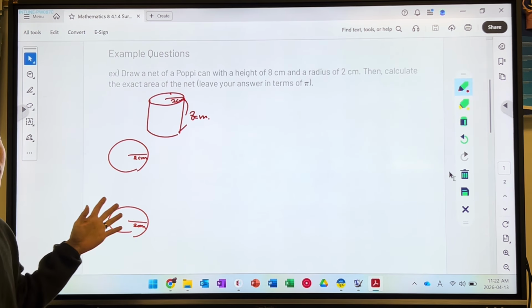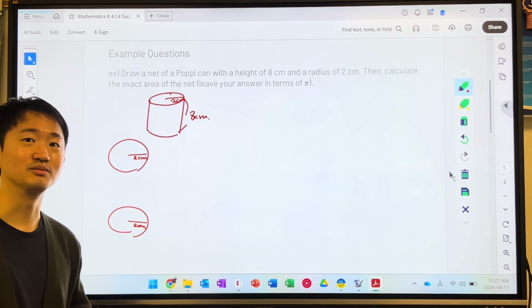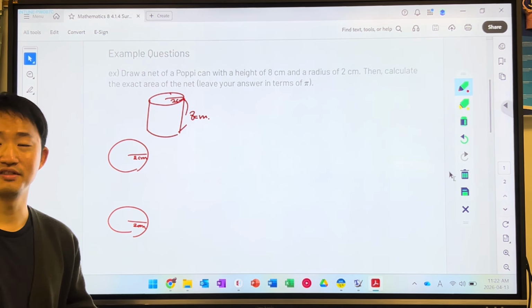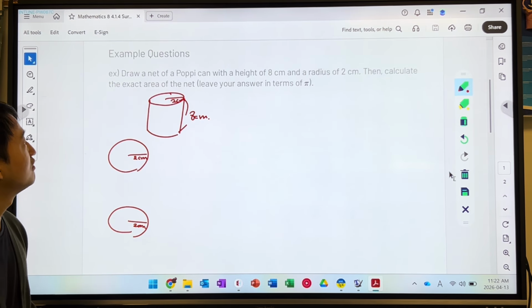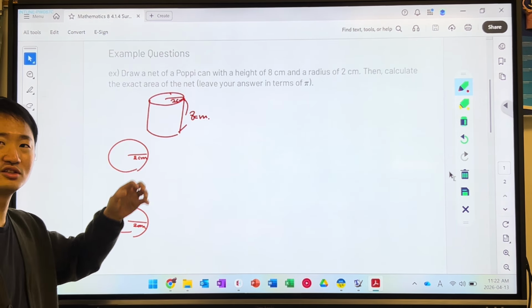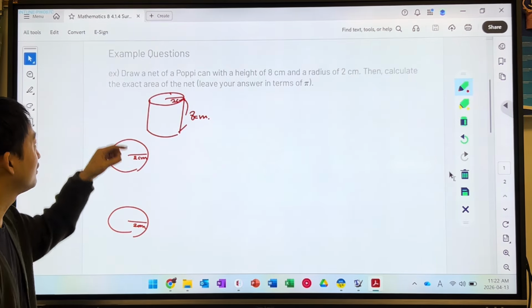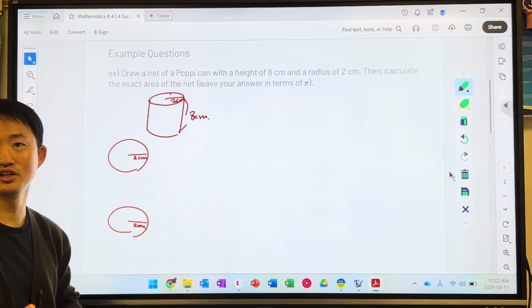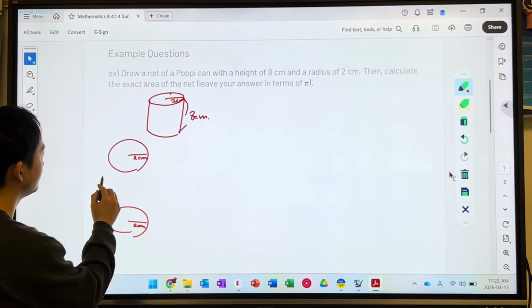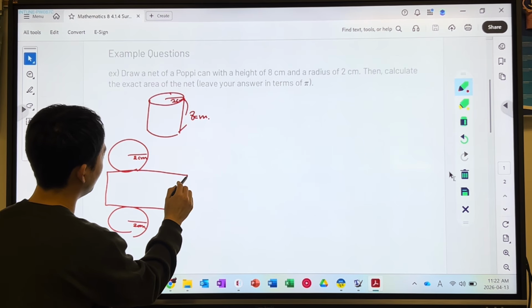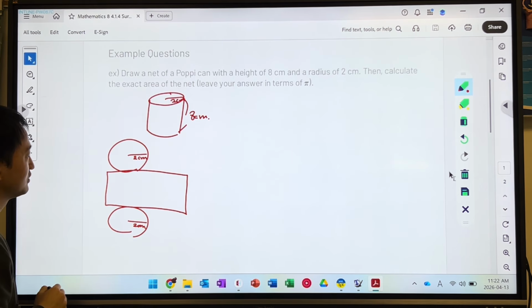Unlike the previous prisms, how do we draw the side of the net of the cylinder? While it doesn't look like it, we can try to cut one of the corners of the side, and if we expand it, it's going to look like a rectangle, one giant rectangle.